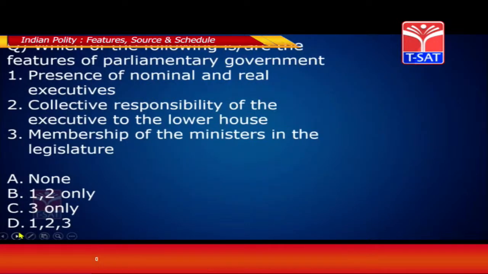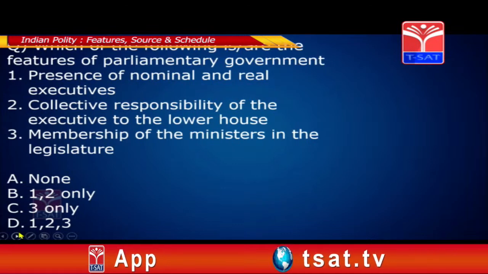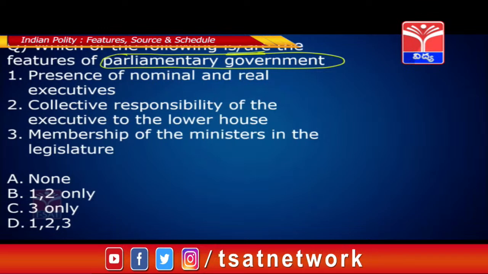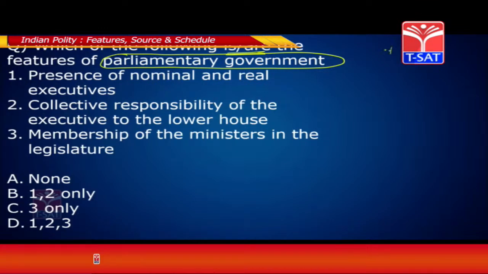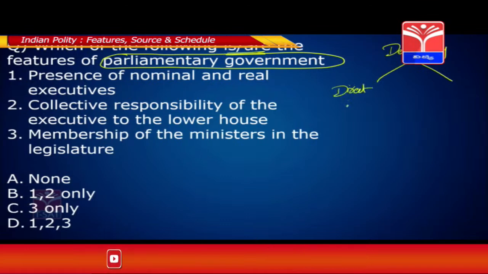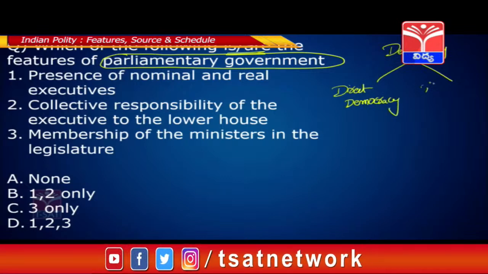Now, next question, friends. Which of the following is or are the features of parliamentary government? See, there are two types of government systems in the world. Or, you know, democracy is divided into two types. Direct democracy and we have indirect democracy.